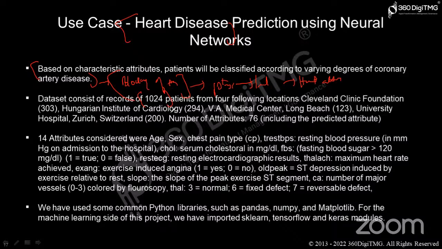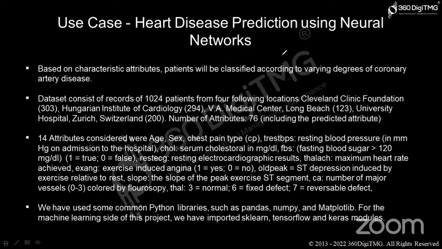The whole data contains 76 attributes, but based on previous research and results, we have taken 14 attributes for testing. Let us run the program and see how it works in different cases.